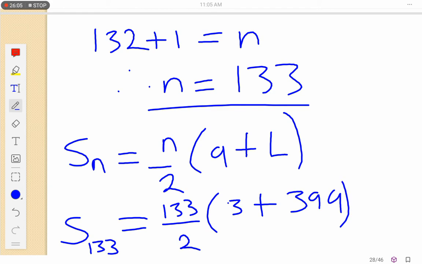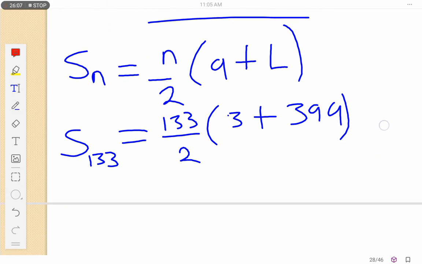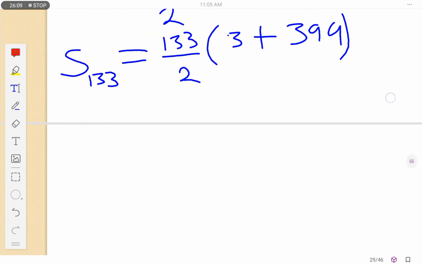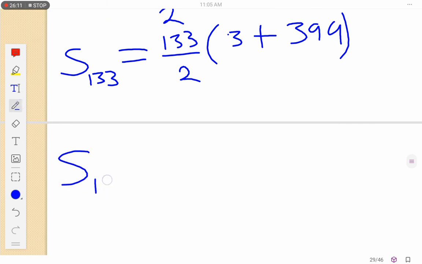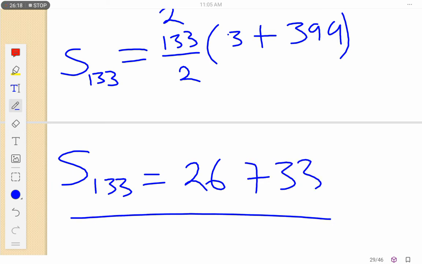And if we have that one, we can simplify this and have our final answer of the summation of 133 terms as 26,733. That's what we do when we are looking at such a question.